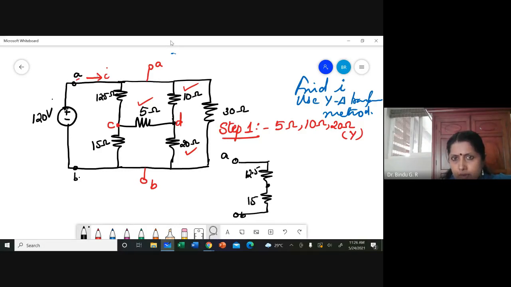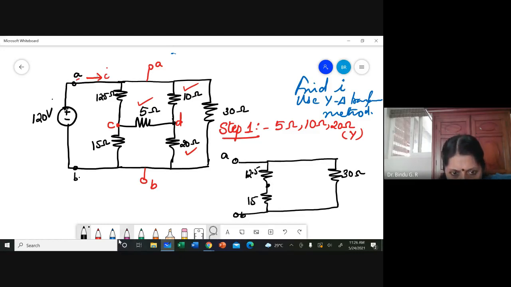Then here I have 30 ohm. I can connect it here, but then it will be easier for you to understand like this.